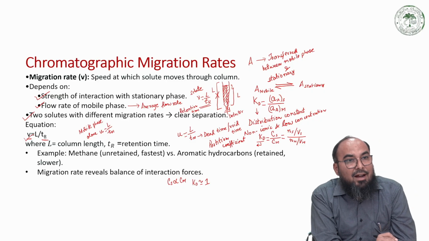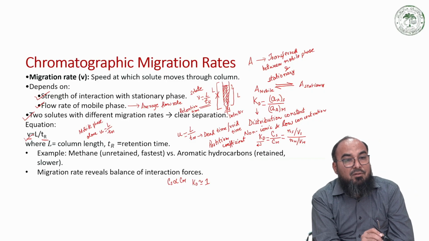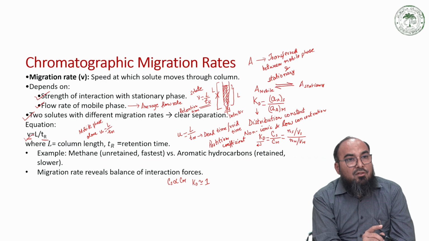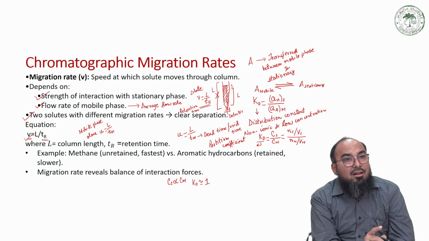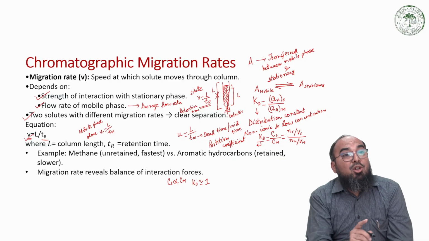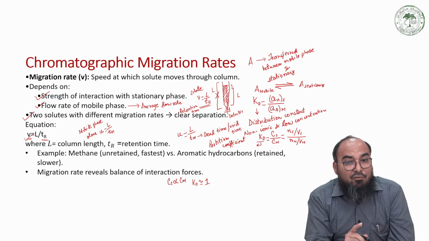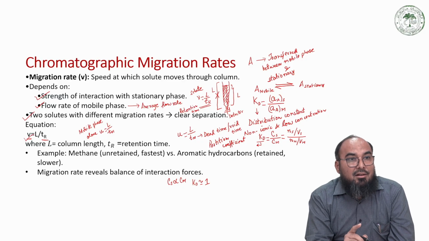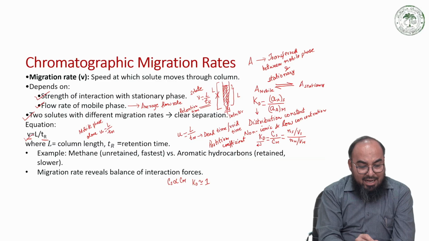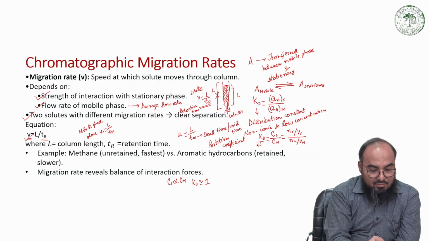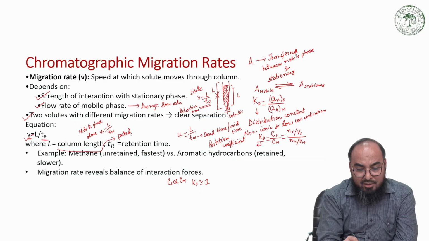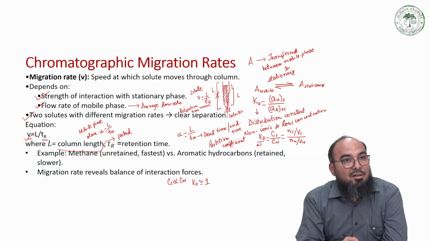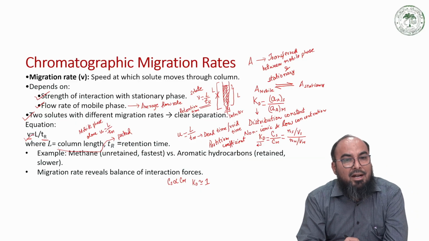So we have to keep in mind the difference between the average velocity of the mobile phase and the average velocity of the mobile phase carrying the solute with it. We have to have a very clear-cut distinction between the two, where L is the length of the column packed. It is not the length of the full column, mind that. L is the packed length of the column up to which the stationary phase is packed.